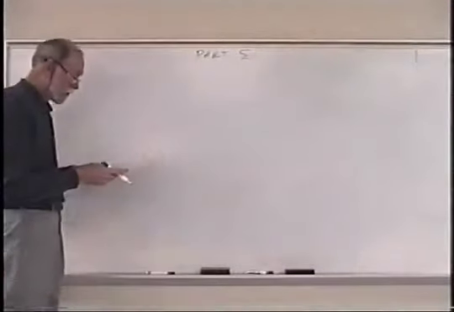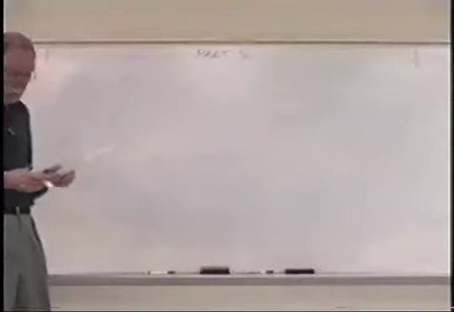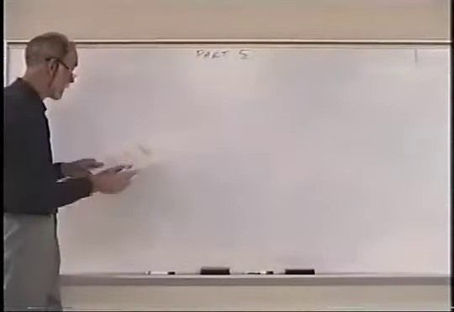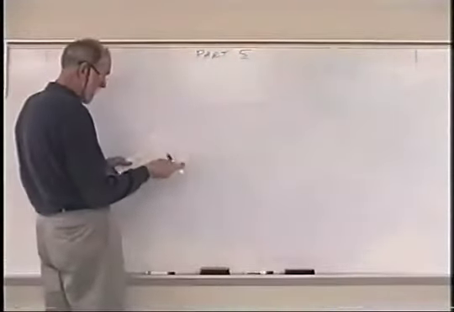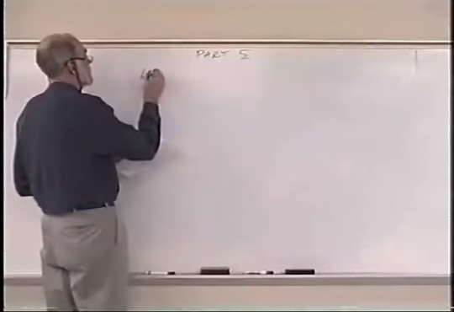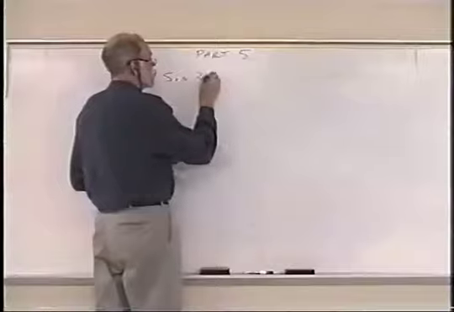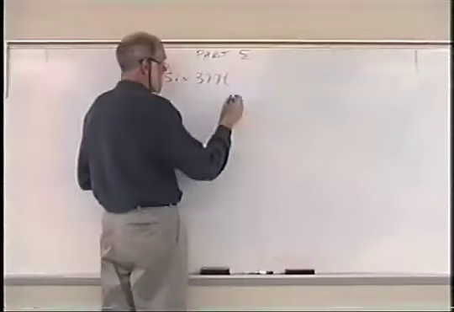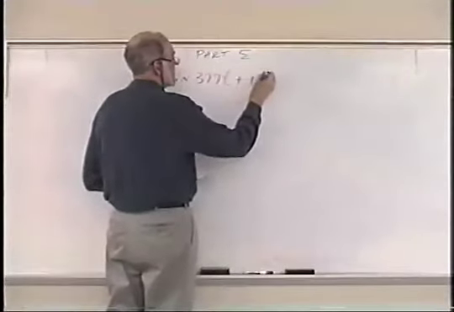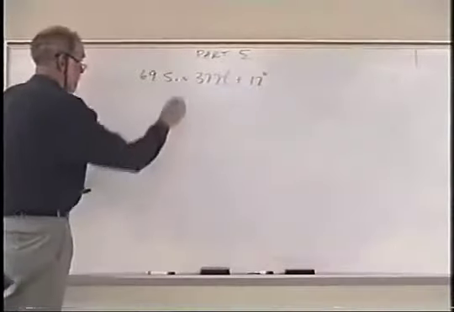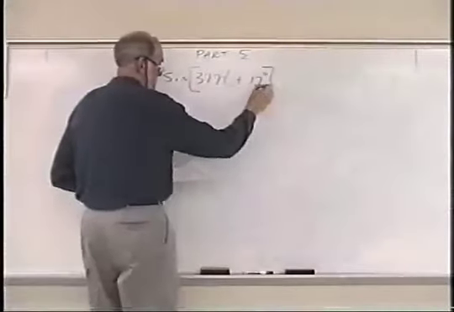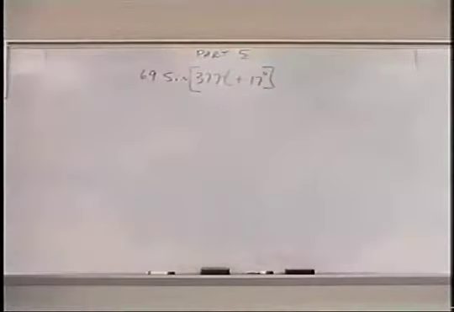The next thing is draw and label the phasor for a couple of sinusoidal expressions. The first one on my sheet is 69 sine of 377t plus 17 degrees. I might put brackets on there to clarify.